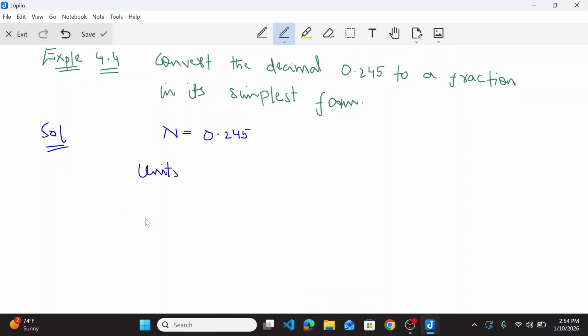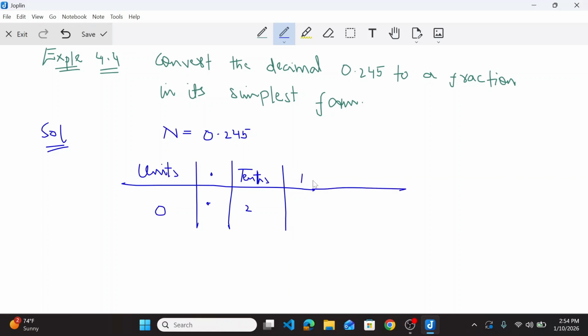Zero is on the units place, and then we have a decimal point, and 2 is on the tenths place, and 4 is on the hundredths place, and 5 is on the thousandths place.